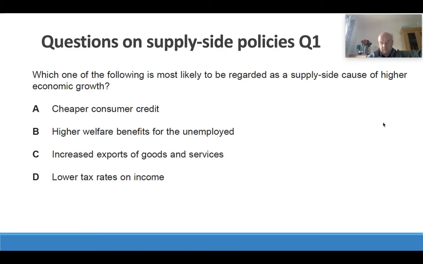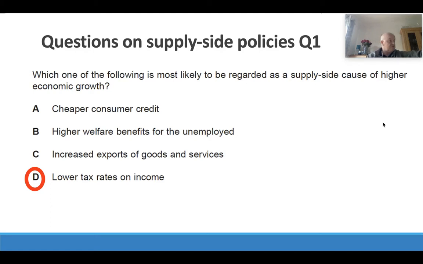Okay, so let's take a look at the first question then. Of the 4 options that we've got here, which one is regarded as a supply side cause of higher economic growth? Well, in this instance, that would be lower tax rates on income, because that would mean that we've got more spending, more disposable income, and one could argue that would then encourage higher economic growth.